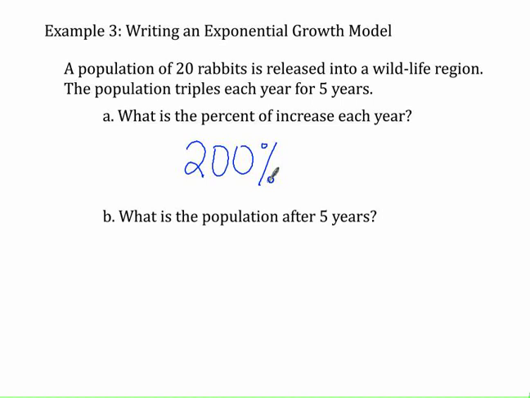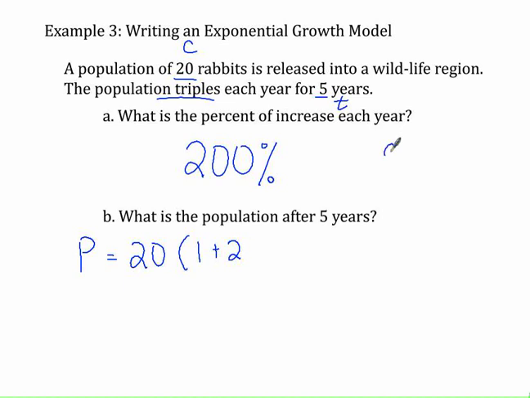So we're going to set up an equation or a model again to find this. Our population P is going to be equal to our initial, 20 rabbits. That's the C that we're using. 5 I'm going to use for the T. It triples, so we have the 200%. So 20 times 1 plus 2, because we're looking at 200%, right?